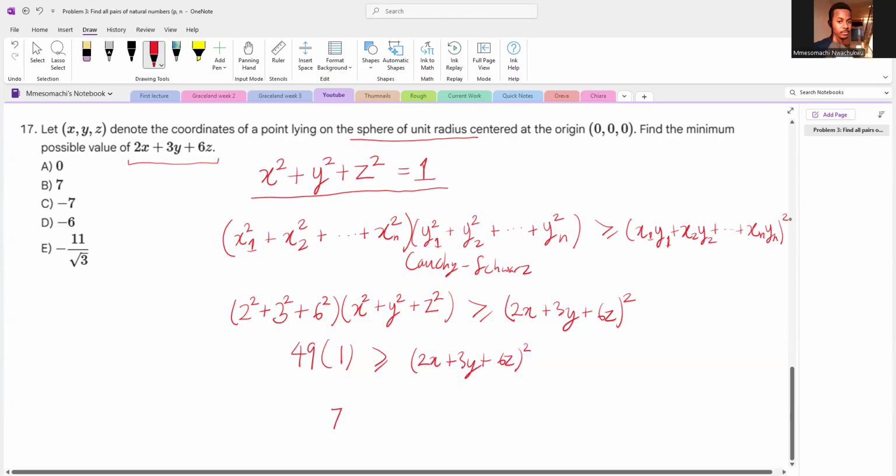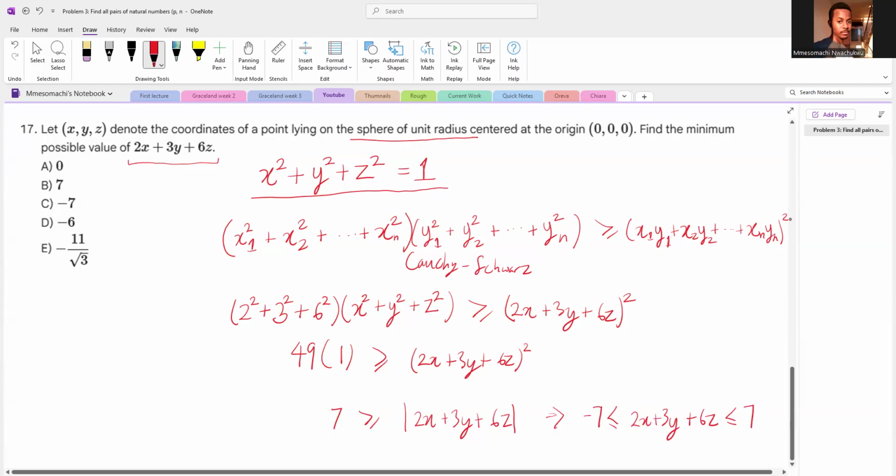We have that 7 is greater than or equal to the absolute value of 2x plus 3y plus 6z. Okay. What does this imply? This implies that minus 7 is less than or equal to 2x plus 3y plus 6z, which is less than or equal to 7.